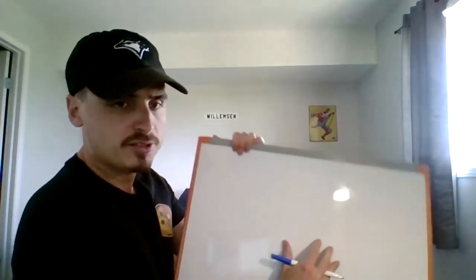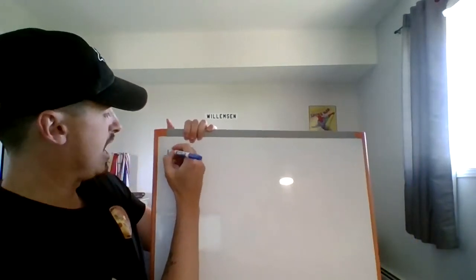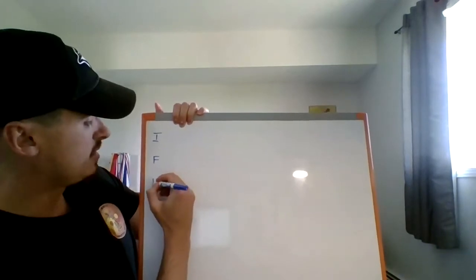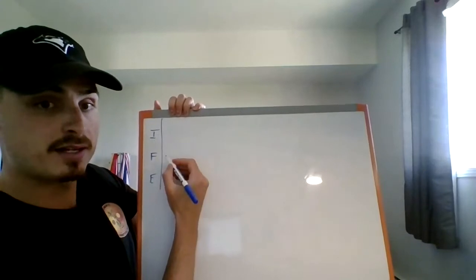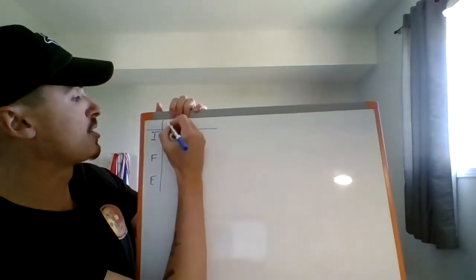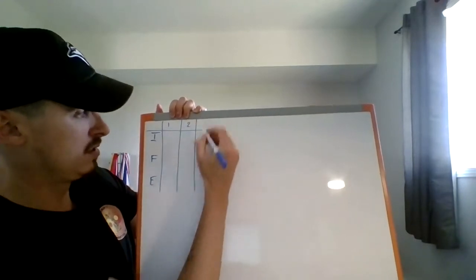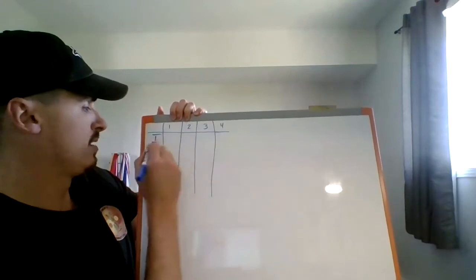So the first thing that I'm going to do is I'm just going to rewrite this table, okay? I stands for initial, F stands for final, E stands for equivalence point, okay? And then we've got trial number, we've got trial 1, trial 2, trial 3, and trial 4, okay?